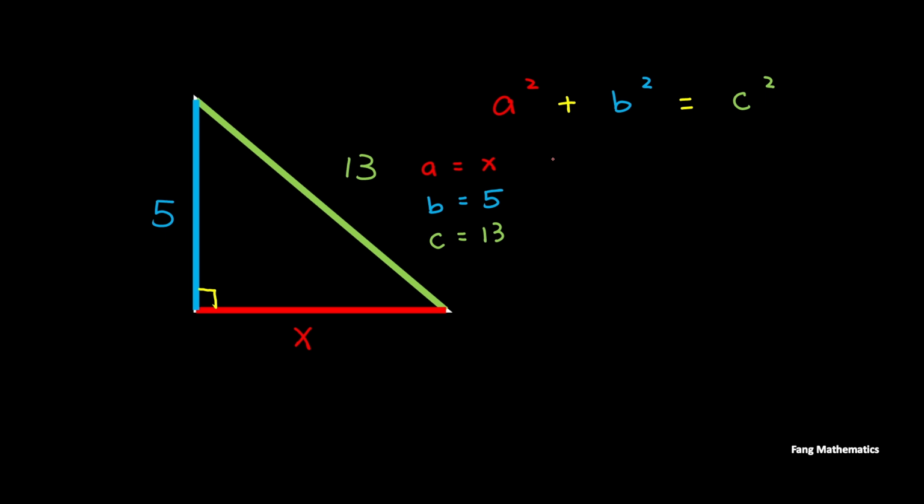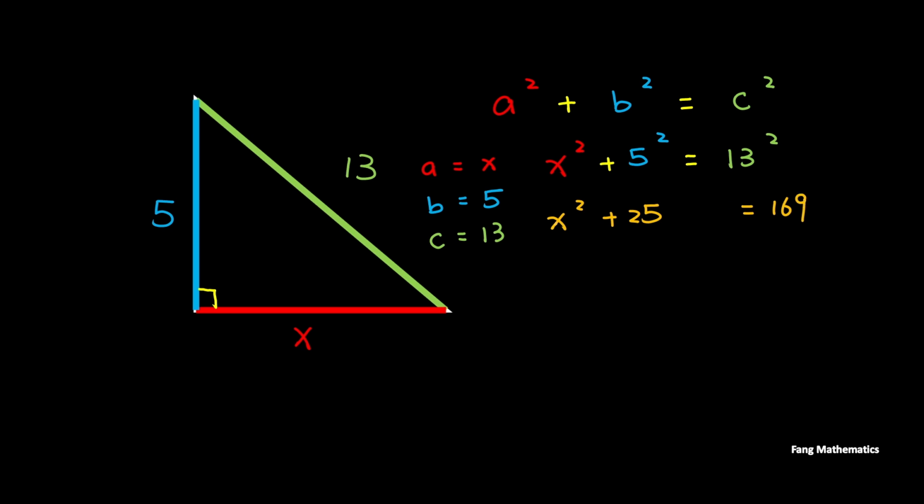In place of a, you put x, so x squared. In place of b, you put 5 squared. In place of c, you put 13 squared. You are required to simplify the expression. x squared remains as x squared, plus 25, equal to 169.